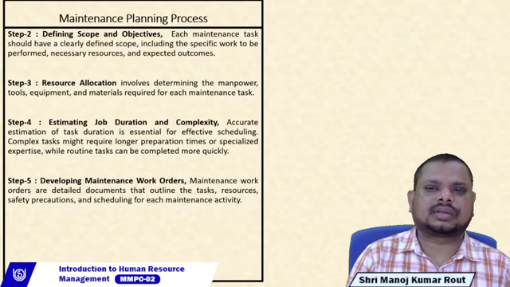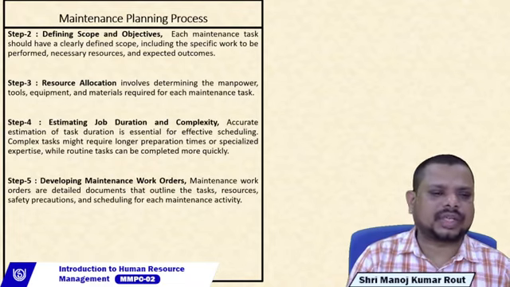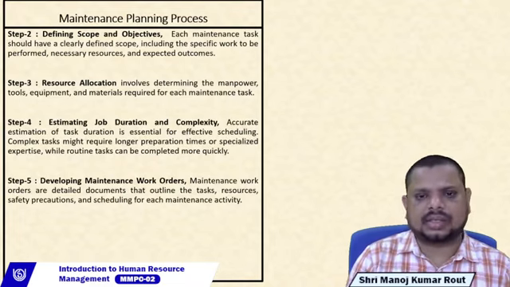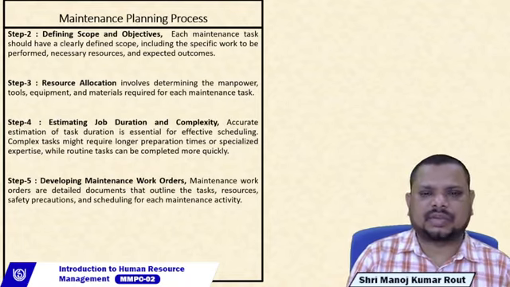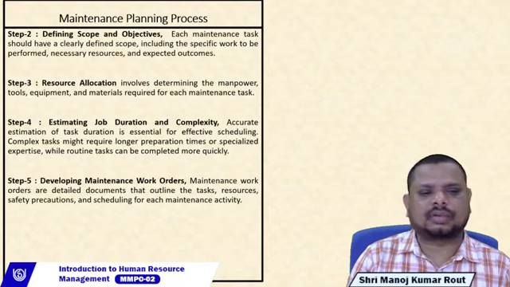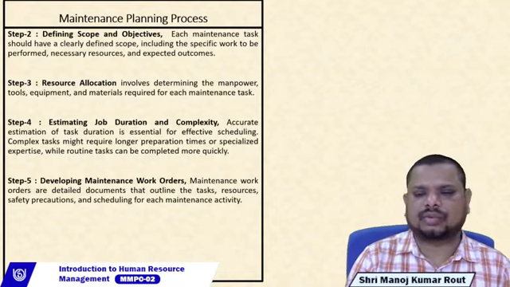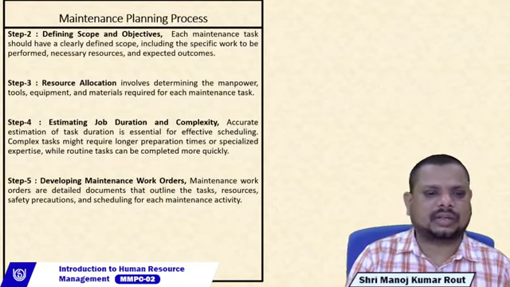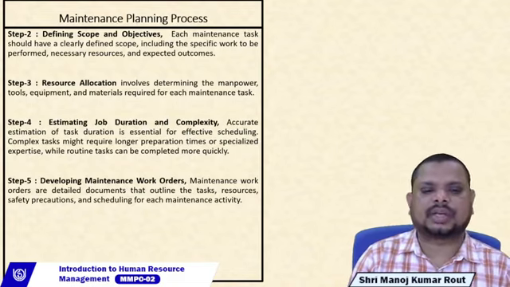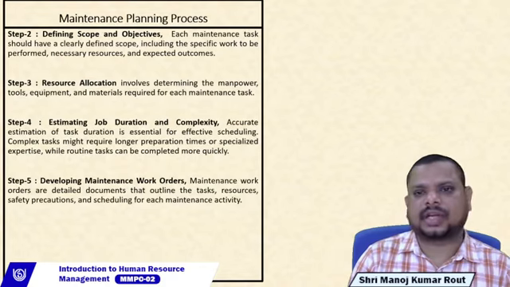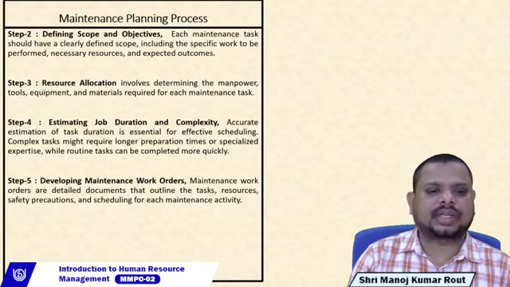For example, when machines consist of a large number of complex parts and specifications, it takes a large amount of time to provide maintenance. Complex tasks might require longer preparation times or specialized expertise, while routine tasks can be completed more quickly.